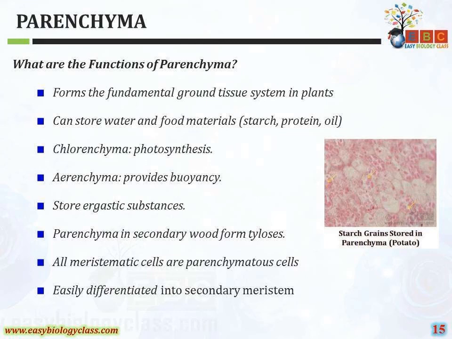So that is the end of the slideshow, and by this time you must have understood. I will conclude the lecture once again. One of the types of simple tissues is the parenchyma. They are thin-walled tissues.